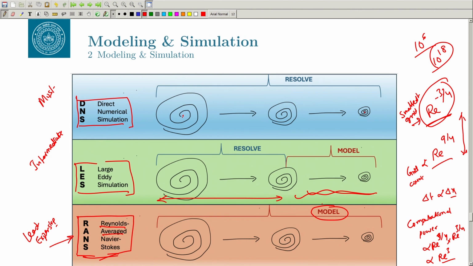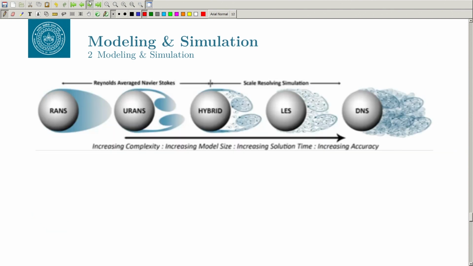That is a very big problem, but unfortunately, this is the only thing that gives you a solution in a reasonable time. The LES is also becoming popular because of the arrival of GPUs, and you can simulate flows in a reasonable time. But DNS is still very far from being used for practical flow situations.